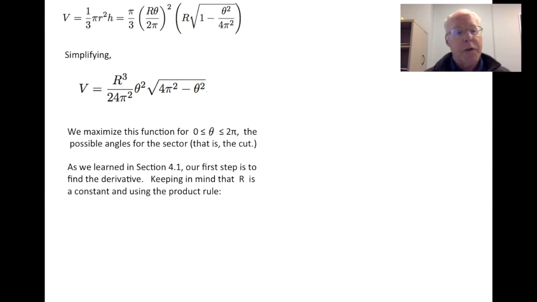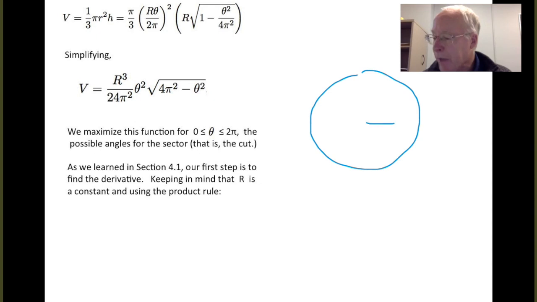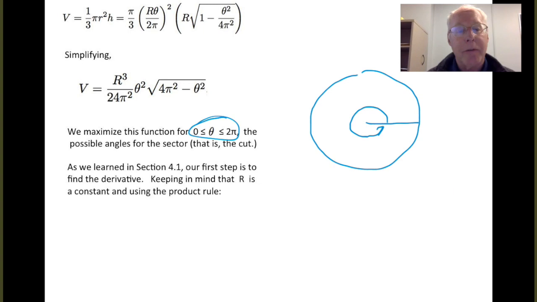Finally, we now have the function we wish to maximize, this volume formula. And what are the allowable values for theta? Well, since theta has to come from that circular sector, or rather the disk of radius R that we showed earlier, we know that the angle theta has to be somewhere between 0 and 2 pi. We can't cut any more than a whole circle and can't cut any less than a 0 radian angle.